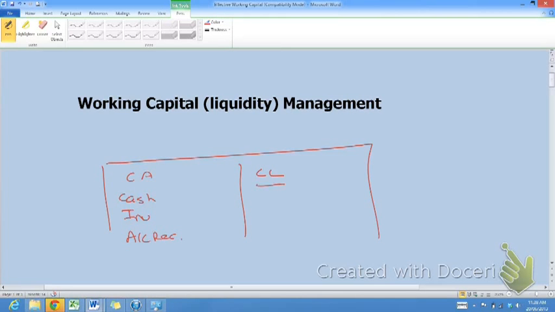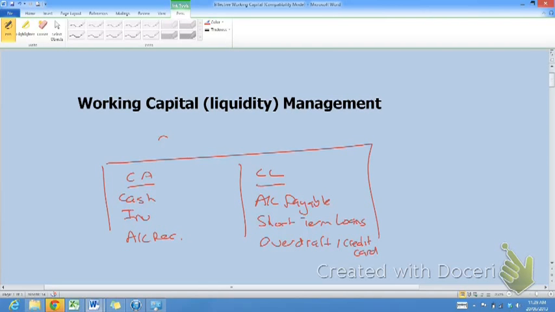At the same time, over on current liabilities, you have accounts payable, okay. You might have short-term loans. You may also have an overdraft, which operates exactly the same as you may also see it as credit card. Okay.